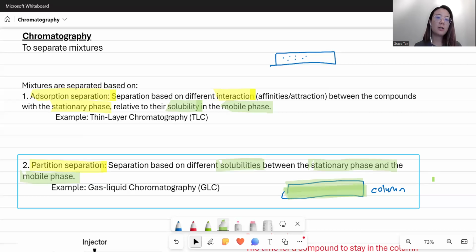You can inject the liquid into the machine and they will boil it up into gaseous state. So you can inject a mixture of gas or a mixture of liquid, and the machine will have an oven to boil up, or evaporate, the liquid sample.